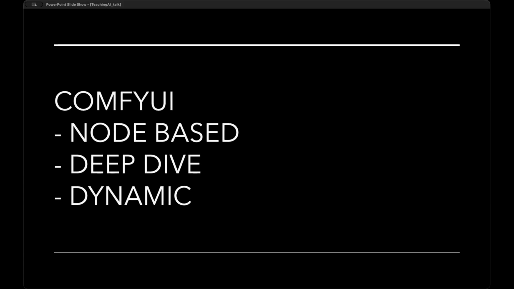I talked about it being node-based. I think the other piece that ComfyUI really unpacked for the students was that it allowed us to dive in pretty deeply to the interface. One of the problems with using the off-the-shelf tools that are available is that they don't let you get in and say, change the CFG numbers or really understand how the random seed is affecting things.